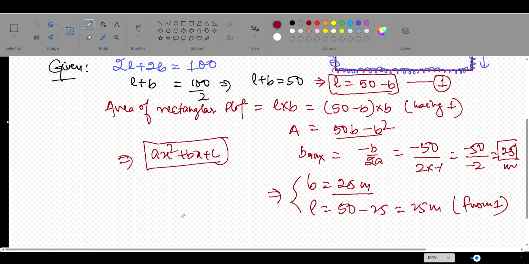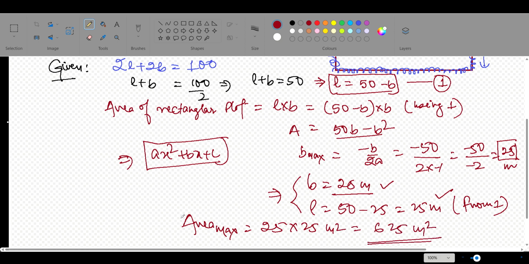Basically, when the breadth and the length become 25 and 25, when my rectangle becomes a square, then it is going to give me the maximum area. So maximum area will be length times breadth, which is 25 times 25 meters square, which comes out 625 meters square. This is the maximum area of the given rectangle whose fencing is 100 meter.